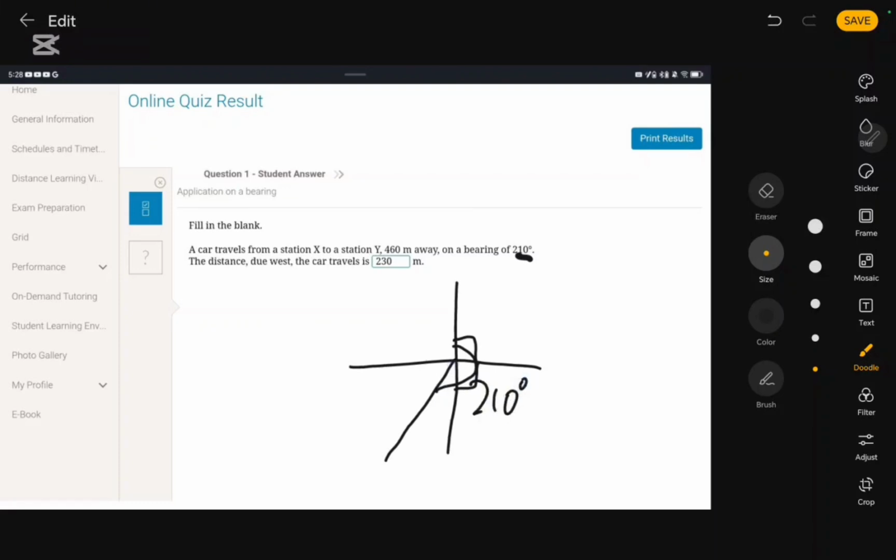So all of this right here is 210. And this part right here is called station X. This part over here is called station Y. So a car travels from station X to station Y, 460 meters away. So it's gonna be 460 right here. And we need to find the distance the car travels. So since this line over here makes a 270, because this is 210, we're gonna find this angle by doing 270 minus 210, which is 60.